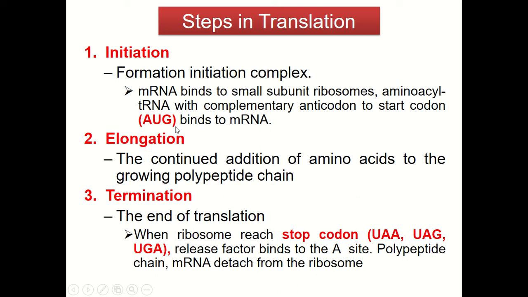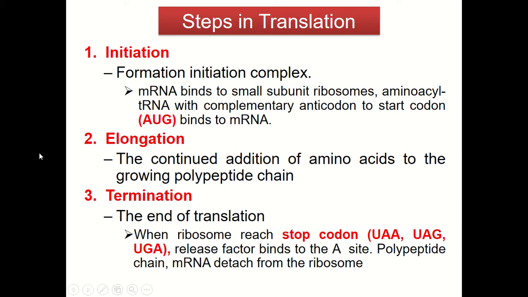Okay, so the elongation process is the continued addition of amino acids to the growing polypeptide chain. It's the same with transcription and also DNA replication. However, elongation in translation involves the addition of amino acids, not nucleotides.